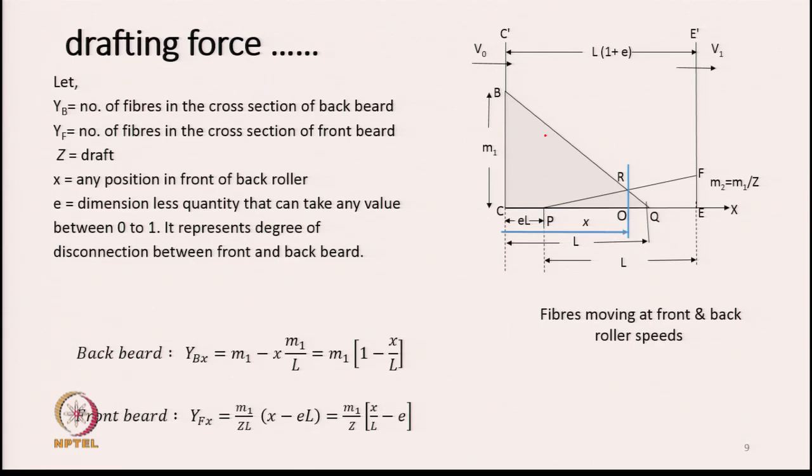We take L common, it becomes L into (1 plus E). So, L is the fiber length and EL is the setting distance between them, where E takes a value between 0 to 1.